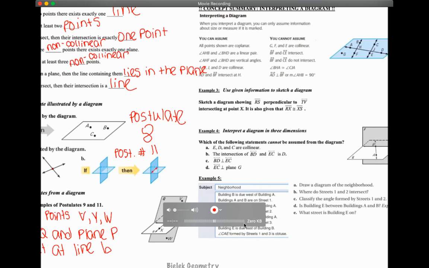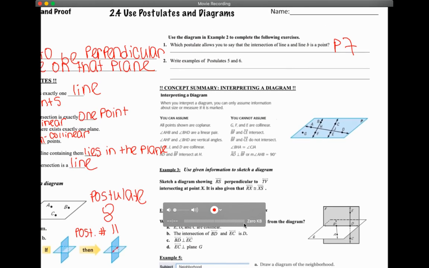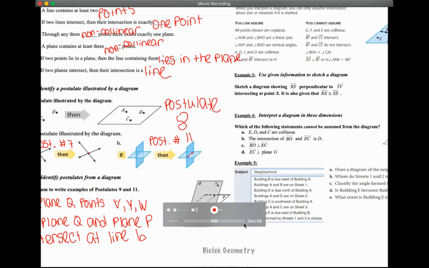So I could say points X and Y form line A. Okay, then looking for postulate 6. So postulate 6 is that a line contains at least 2 points. So we want to look for a line that has 2 points. I'll try to find a different one this time.